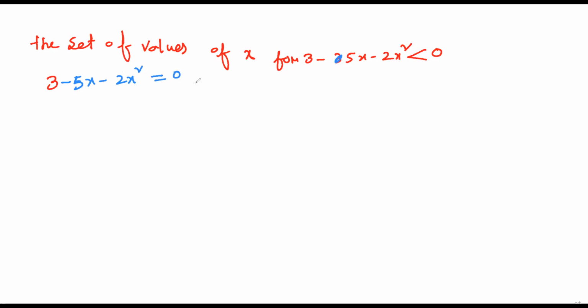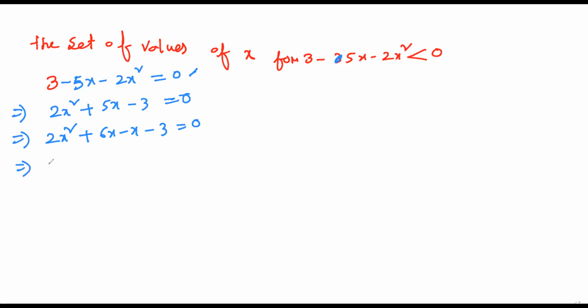Okay. Remember, we try to follow this one. It will be easy if we multiply both sides by minus. It will be 2x square plus 5x minus 3 equals 0. We will do factorization, the middle term factor. It will be 6x minus x minus 3 equals 0. Now taking common 2x, it will be x plus 3.